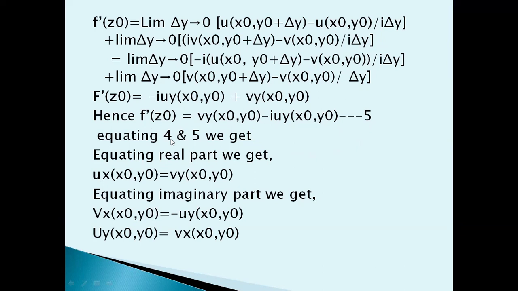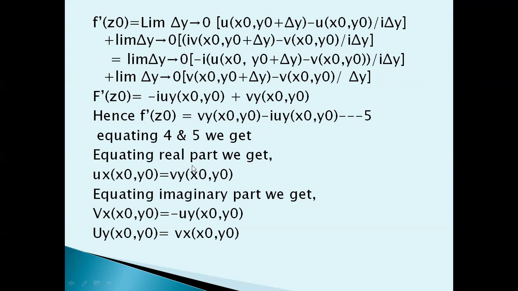The fourth equation is the one we get after Δy tends to 0, and this one is called the fifth equation. Now we equate the real and imaginary parts.